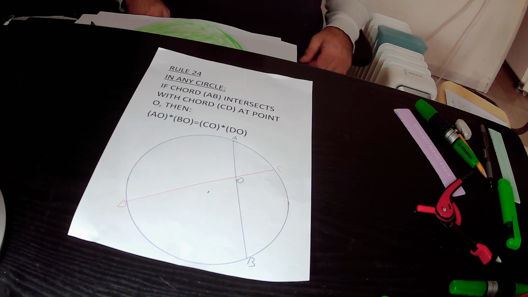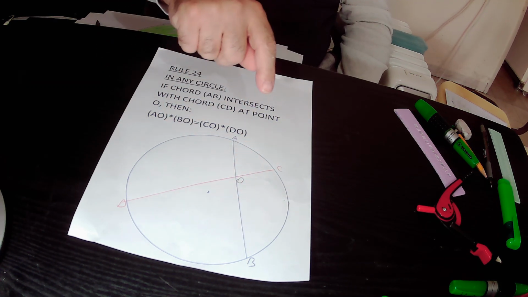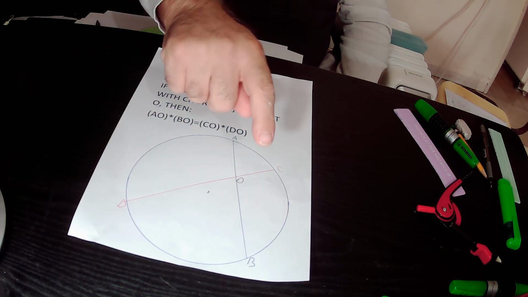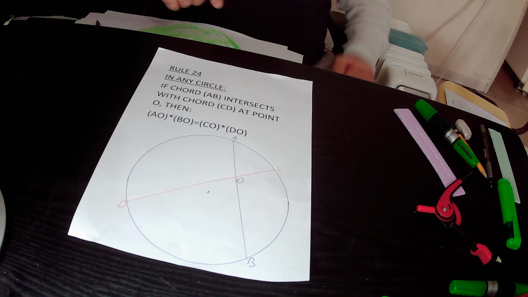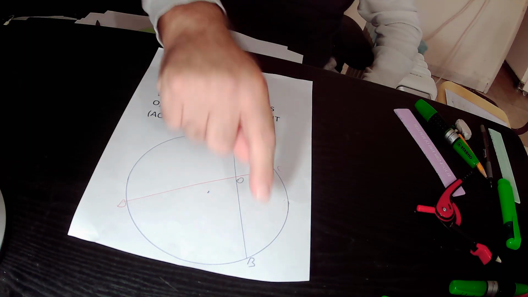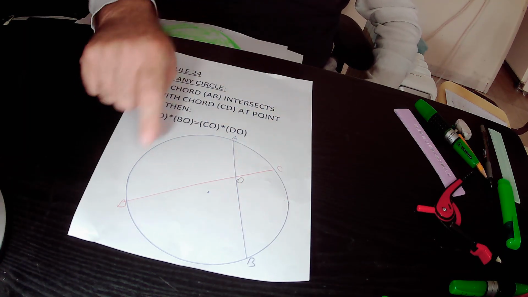In the drawing we have a circle, and chord AB intersects with chord CD at point O. Whenever you have two chords that intersect with each other, AO times OB equals CO times OD.